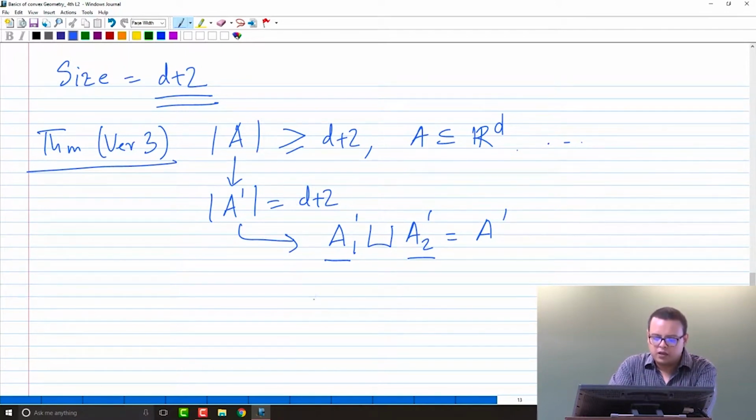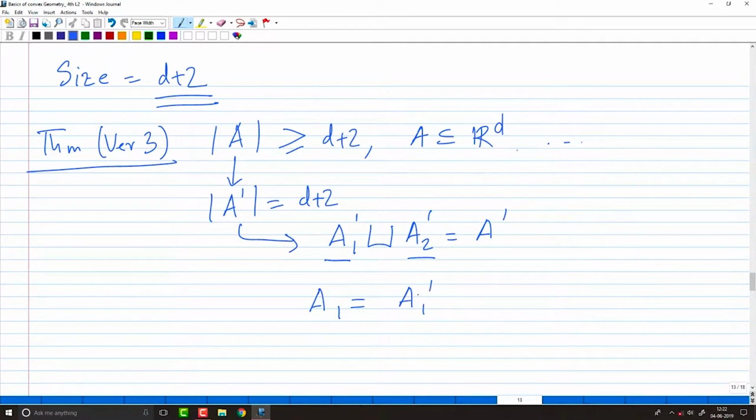I will make A1 to be A minus A2 prime, and A2 is just A2 prime.